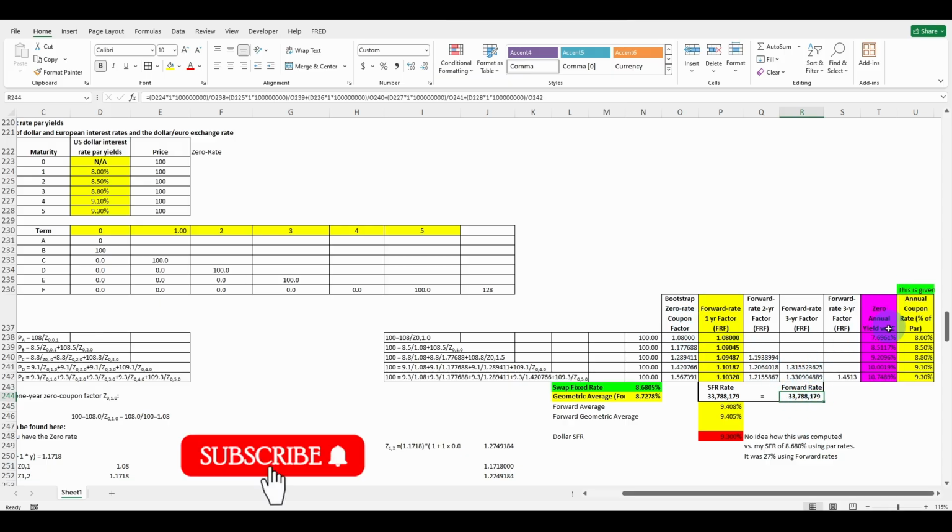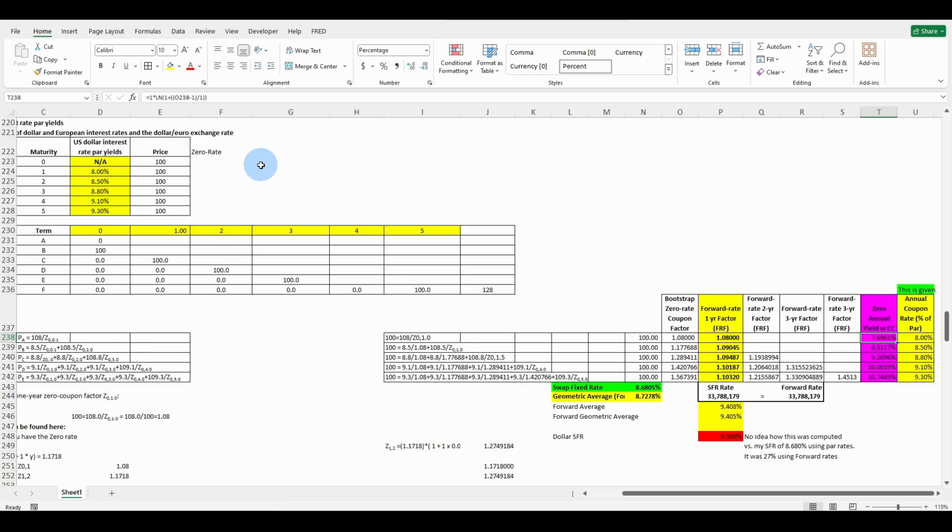Got that? And then here, our zero annual yield, and we're using log normals. 0.238 again is the zero, and we're just going to discount this. Then we have our annual coupon rate, and this is going to be fixed. This is going to equal this information.